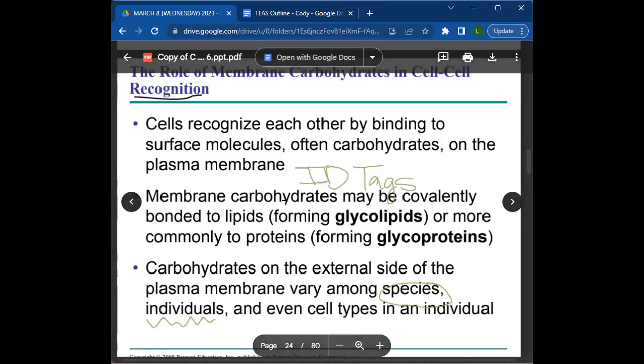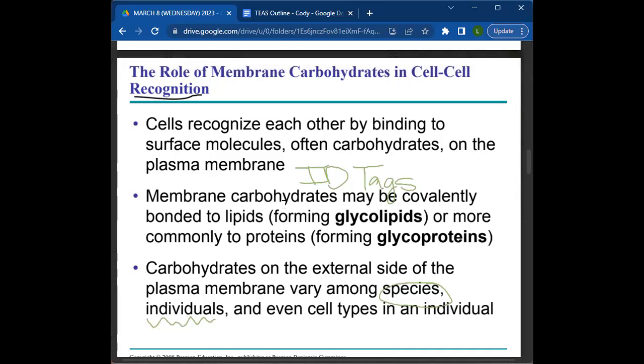Because the more similar the glycolipids and glycoproteins are between the donor and the recipient, the less likely the person's immune system is going to know, ooh, you don't look familiar. Basically, the more similar they are, your immune system goes, well, those kind of look like my glycolipids and glycoproteins.